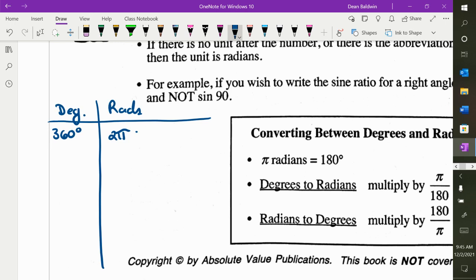We also know that 180 is pi. What's 90? Half pi or pi over 2? Is that okay? Yeah. What's 45? It's half of pi over 2, which is pi over 4.